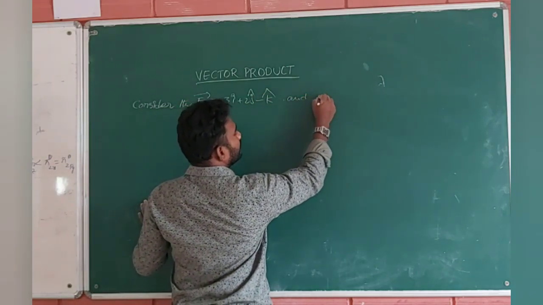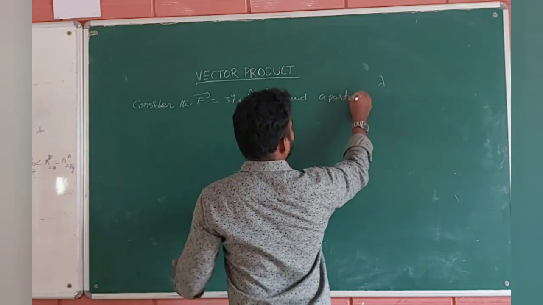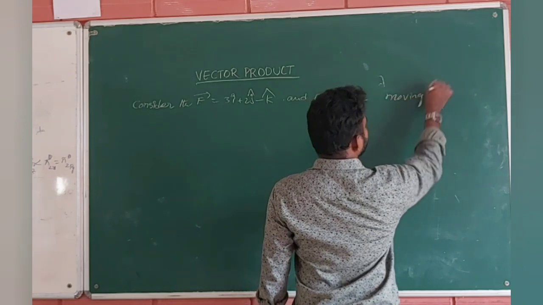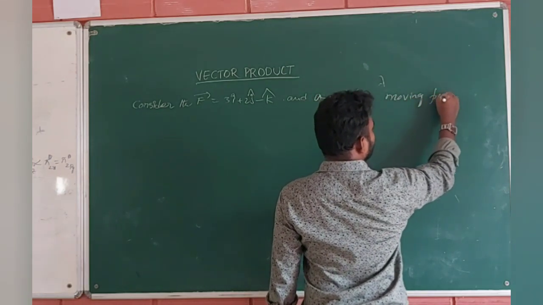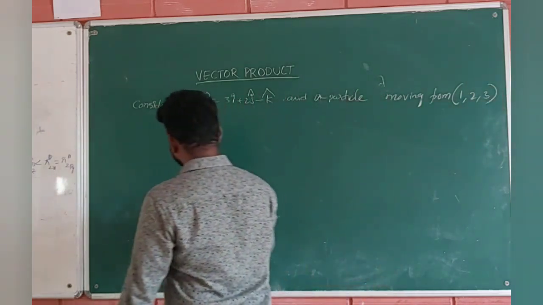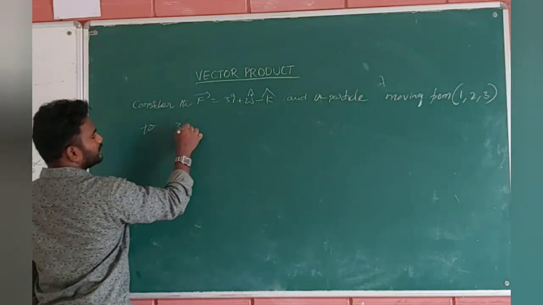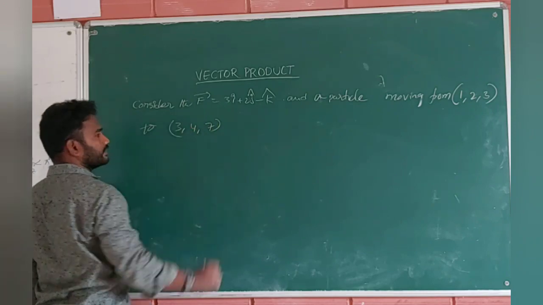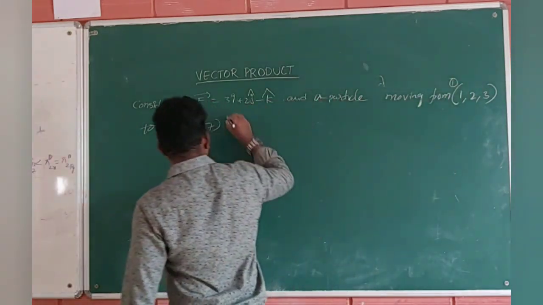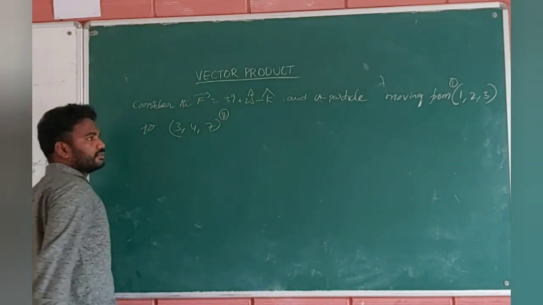And a particle moving from 1, 2, 3 to 3, 4, 7 point. See guys, it is position number 1, and that is position number 2.